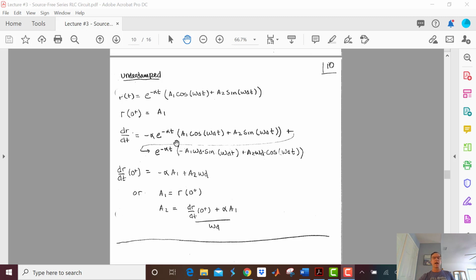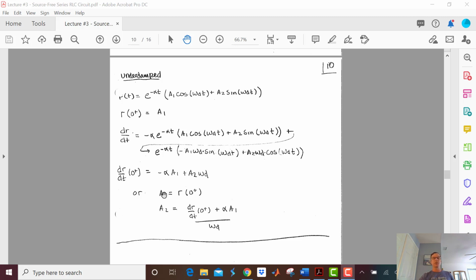So again, I've got to use the chain rule. So I'll take the derivative of this and multiply it by that, and then I will leave this unscathed and take the derivative of that, and I get this big long thing. And now what I'm going to do is I'm going to substitute 0 in here, and my exponentials are all going to turn into 1s. My cosines are going to turn into 1s.